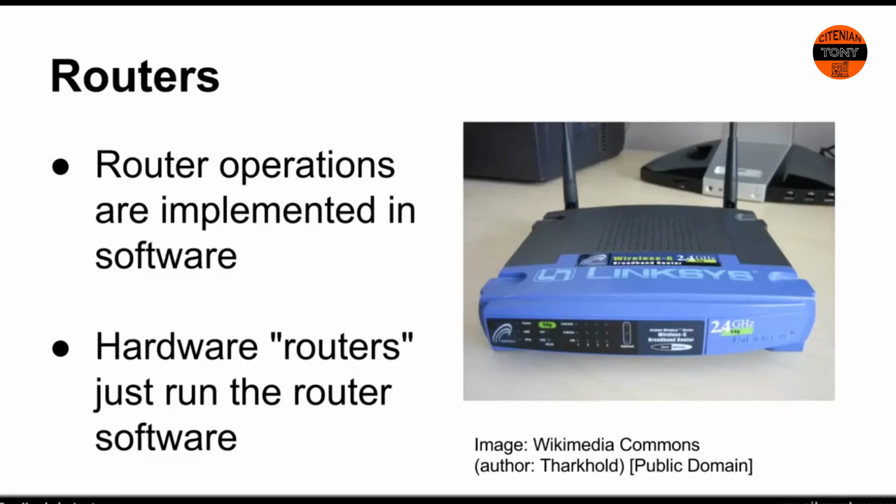So this is a little mini computer, an embedded device, that runs the router software that enables the routing to occur. It is still a software operation fundamentally to get packets routed. It does not require a special piece of hardware. Any computer with the right software installed can route packets.